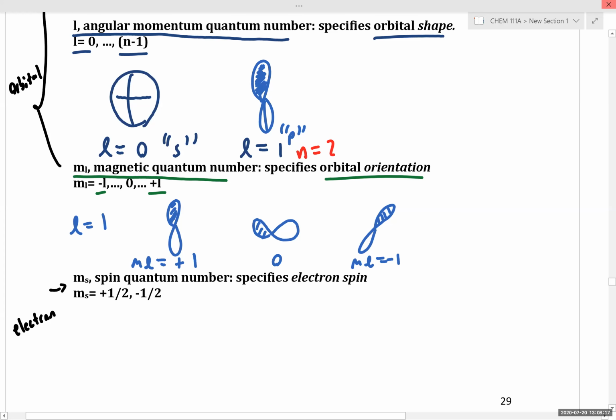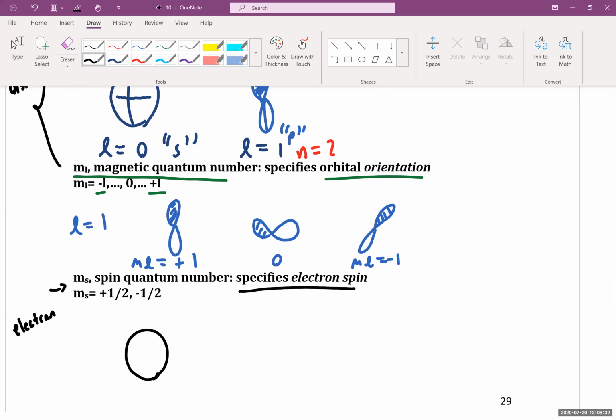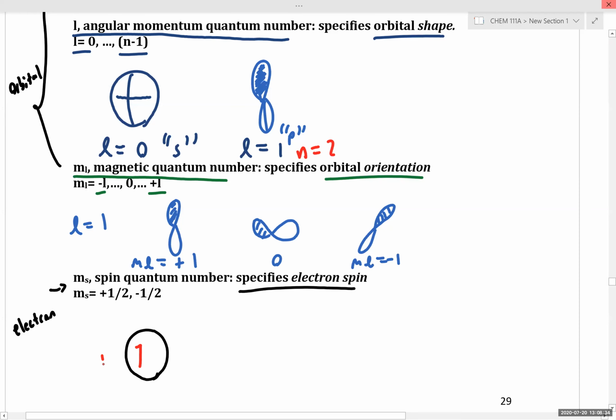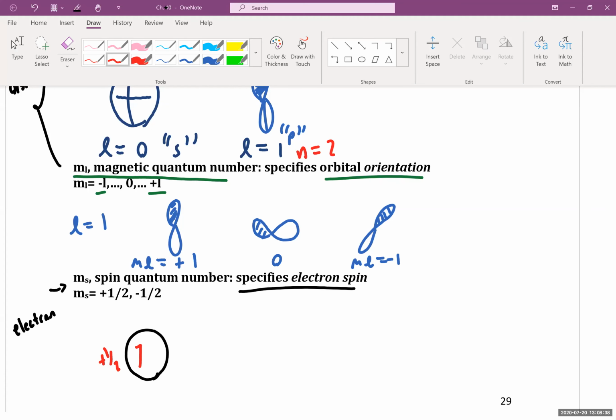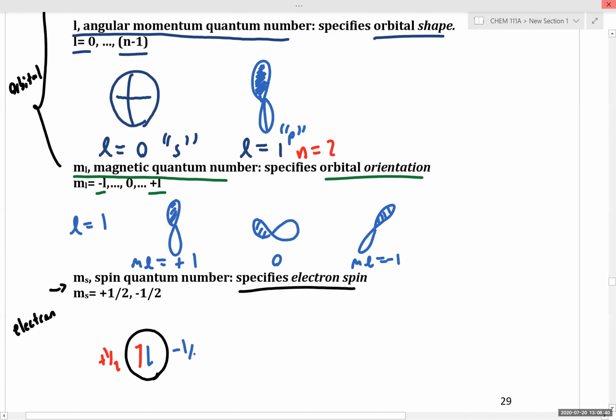MS is known as the spin quantum number, and it specifies electron spin. More on this later. Just to give you a heads up, for a given orbital, we can have two different spin values: a spin value of +1/2 or up spin, and a spin value of -1/2 or down spin.